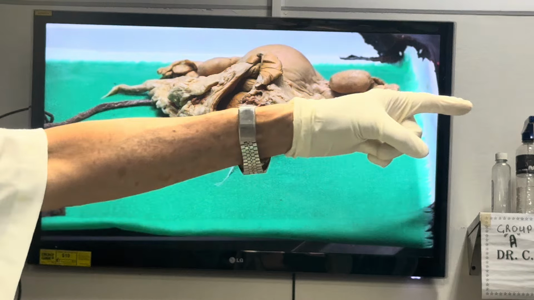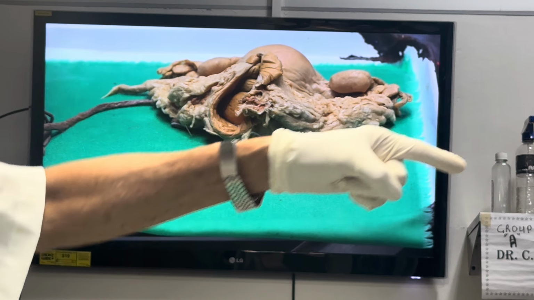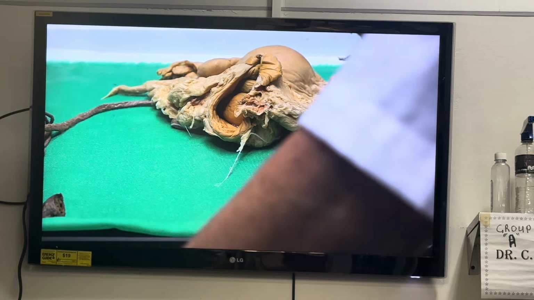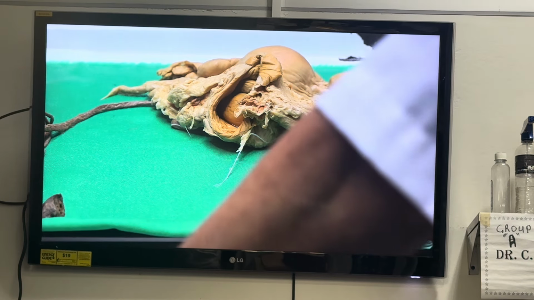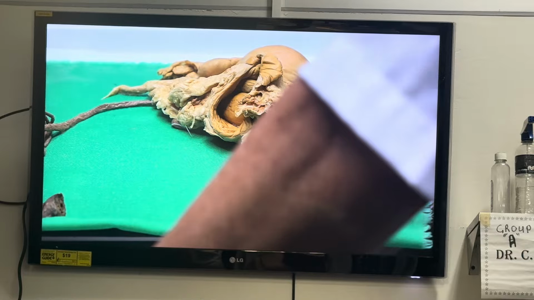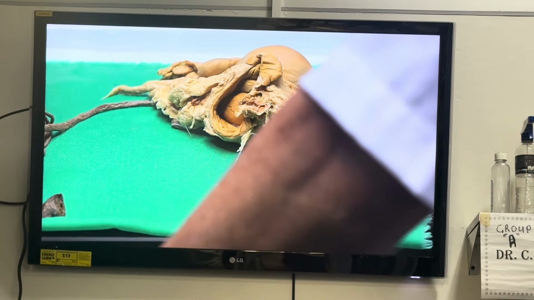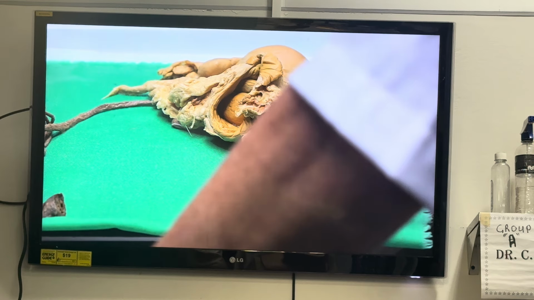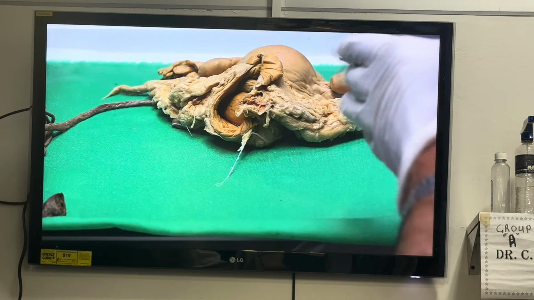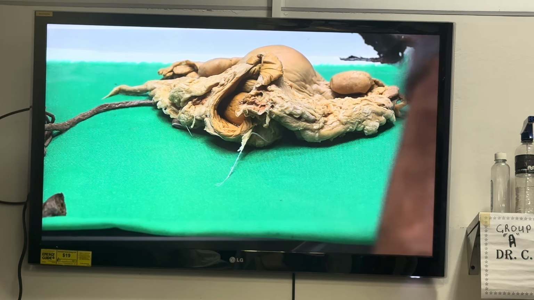What is always there with an undescended testicle or a mal-descended ovary? There's always something in the inguinal canal. If you understood the descent of the testicle, then you'll understand. Preceding the descent of the testicle, there's a gubernaculum.